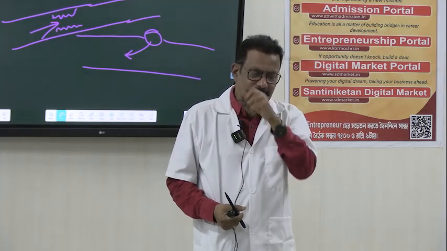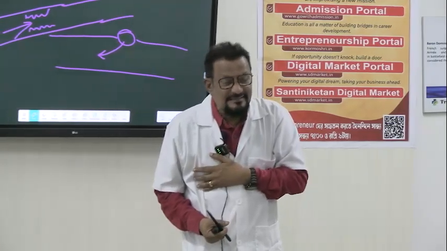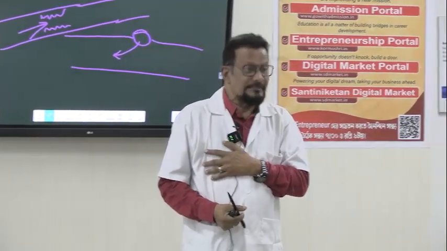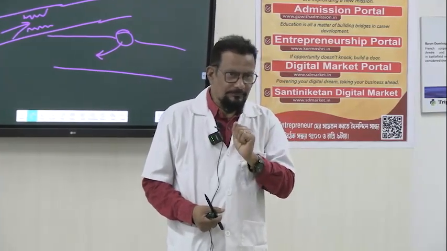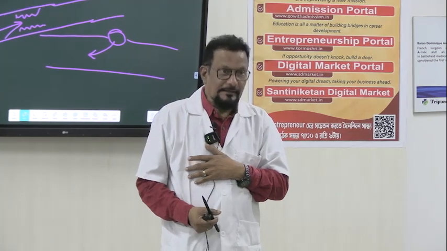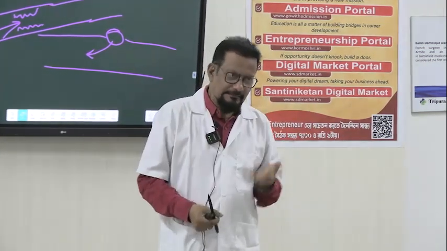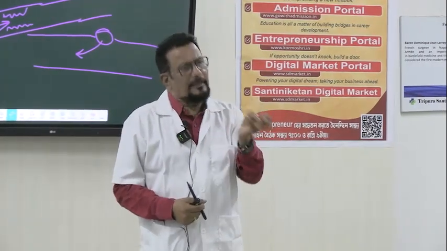That area will not get any nutrients or oxygen. So it will suffer ischemia. Initial sign, symptom. Then when there is total blockage, it is called heart attack. If it is a large area, then with the single attack, the patient may die. If it is a small area, then it may be recovered.